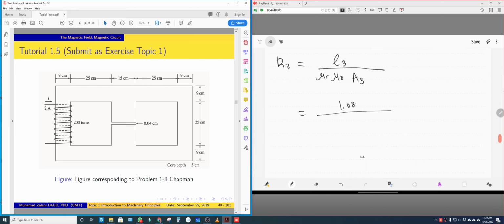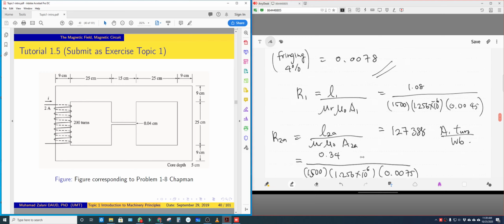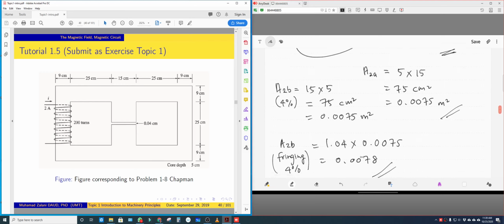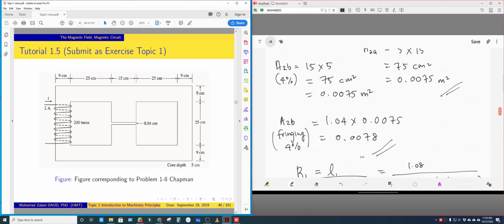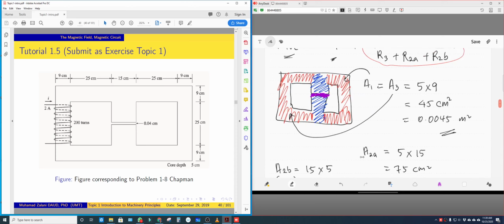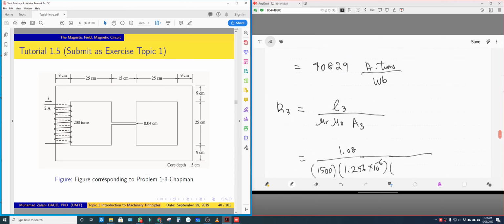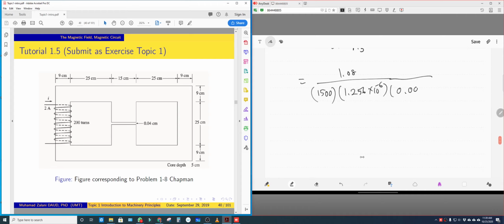1.08 mu R 1500, mu naught 1.256, and A3. What is A3? A3 is equal to A1, 0.0045. Alright.